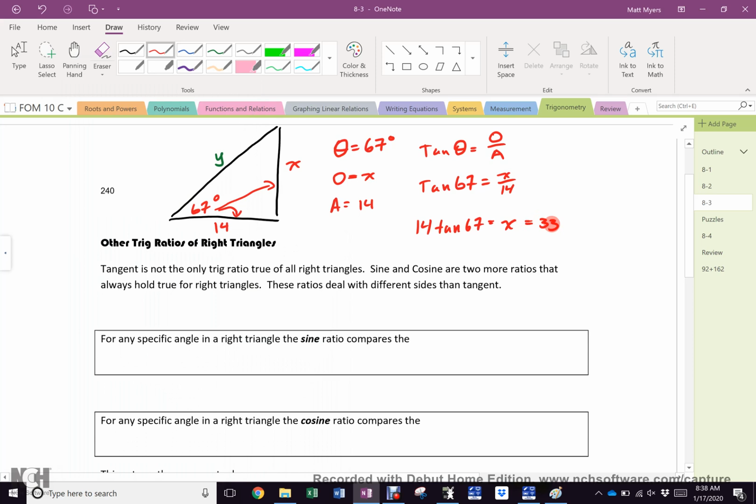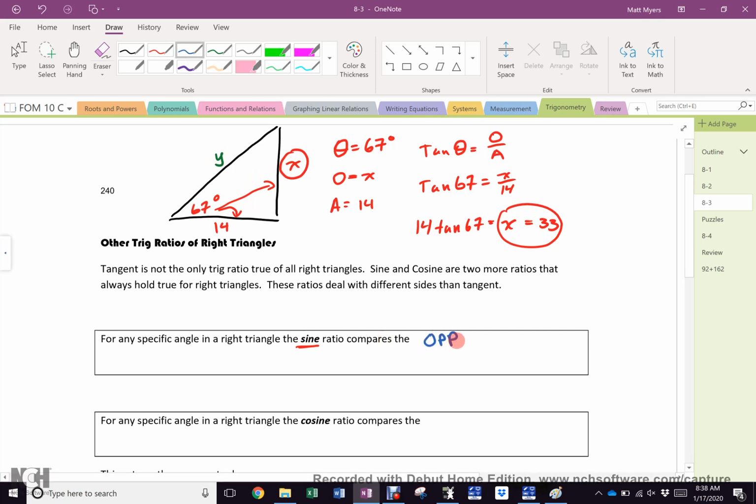Well, now, since I know what x is, I could find the hypotenuse, right? Now, you're smart kids. There must be a way to find the hypotenuse, just like we use tan here. There is. There's two other trig things we can do. The first one is sine. Sine compares the opposite.